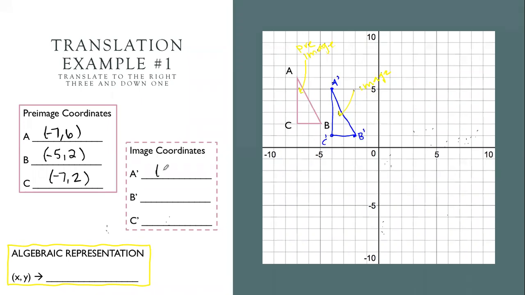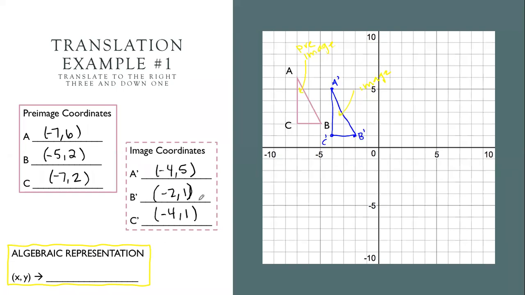Negative 4, 5. Where's B prime? Negative 2, 1. And where's C prime? Negative 4, 1. Perfect.